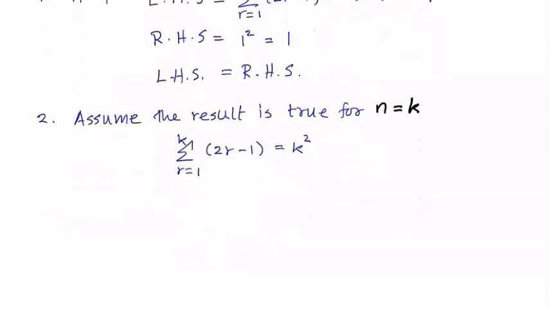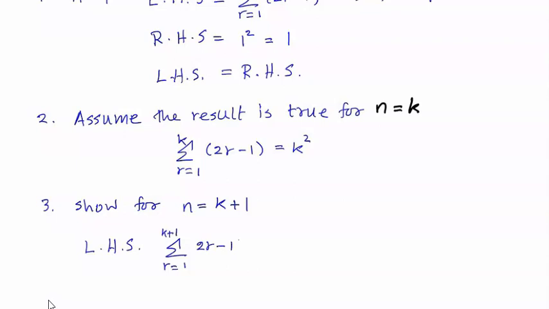As the third step, we have to show the result is true for n equals k plus 1. Now the left hand side in this case would be the sum of r going from 1 to k plus 1 of 2r minus 1. Now what will this be?